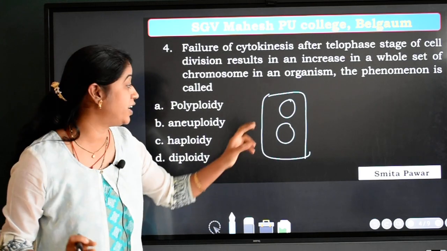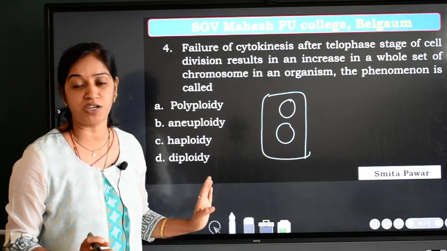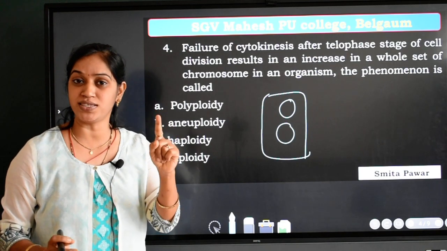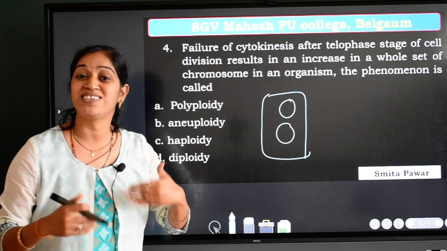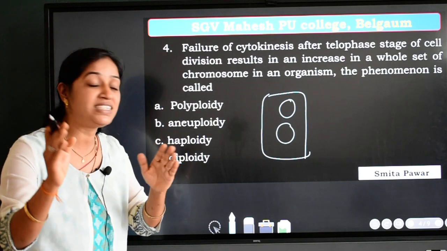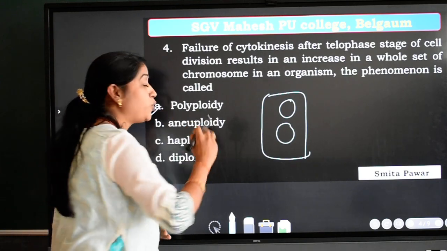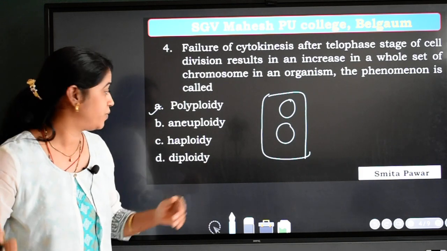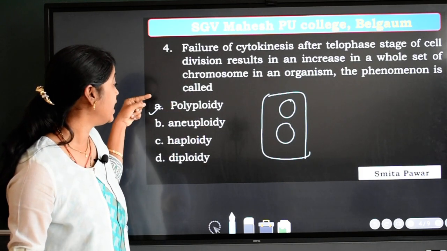The cell has not divided, only the nucleus has divided. In such a condition, you will have one cell with 2 nuclei, that is doubling, and that process itself is called polyploidy. Poly refers to many, ploidy refers to chromosomal set. So the answer for this question is A.